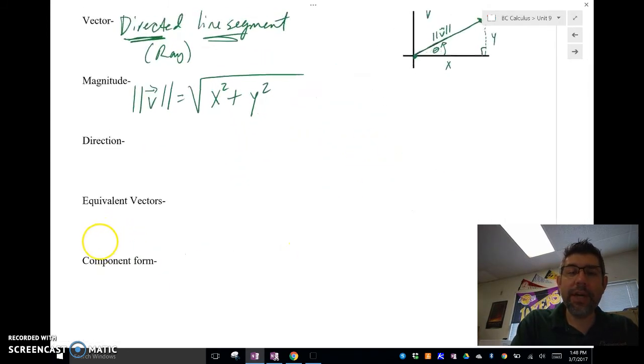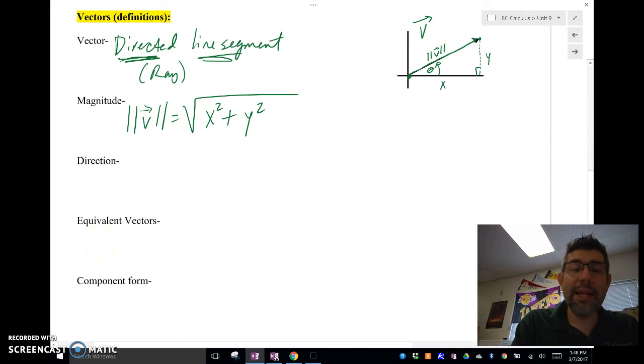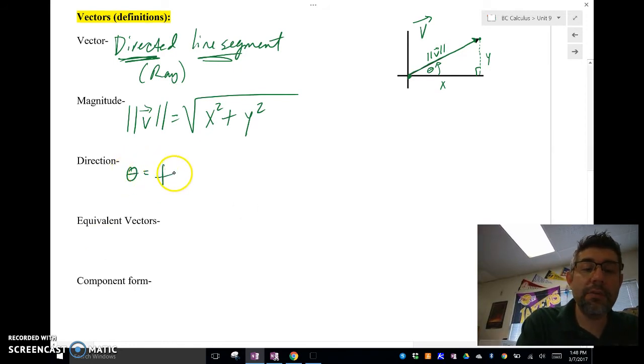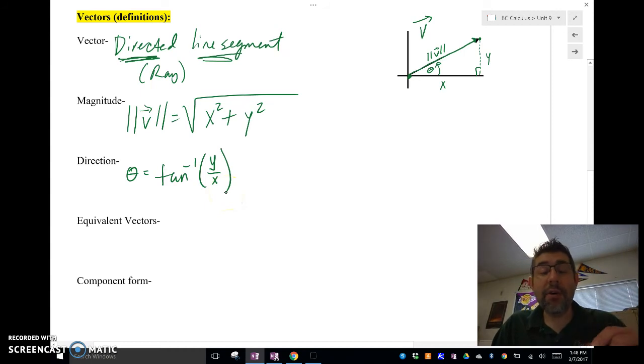The direction of the vector is usually found by that angle theta, and we can find theta by doing the inverse tangent of y over x. Again, we're just using a right triangle. Now, if that vector is not in the first quadrant, let's say it's in the third quadrant, then we have to be careful, because the inverse tangent of 1 is really just pi over 4.